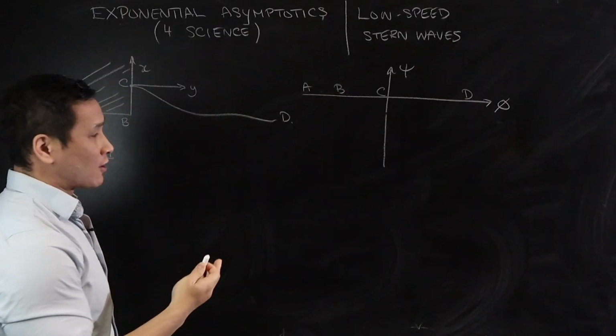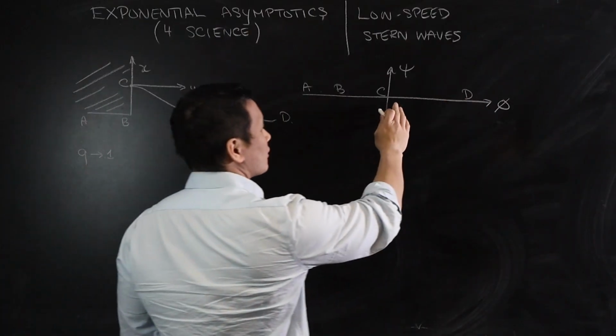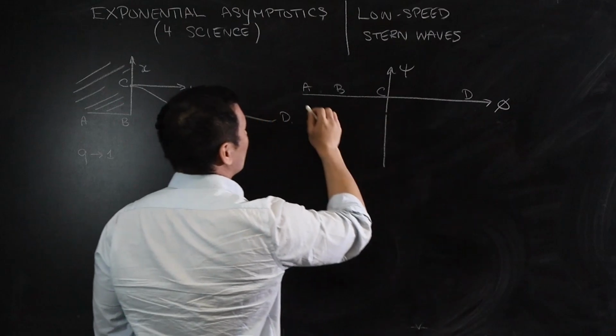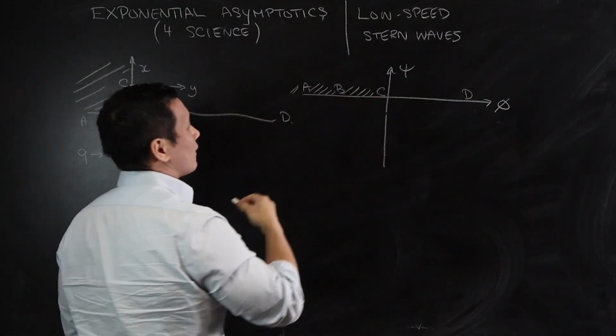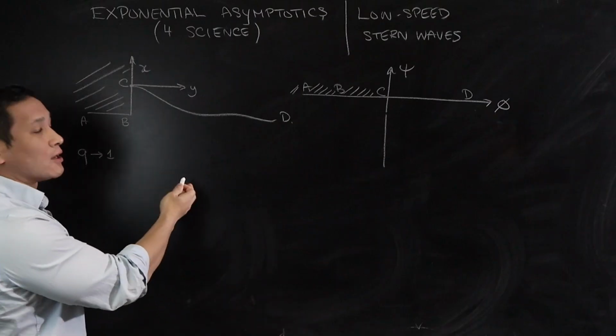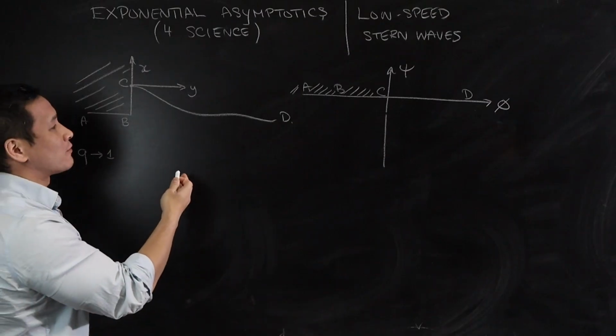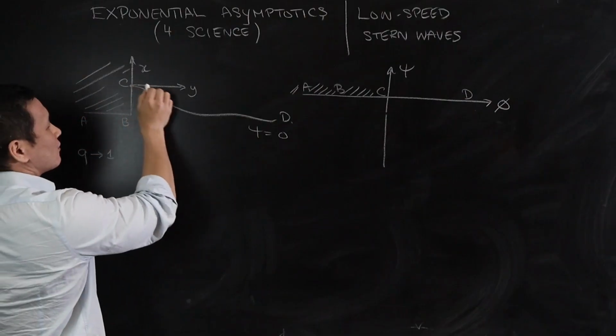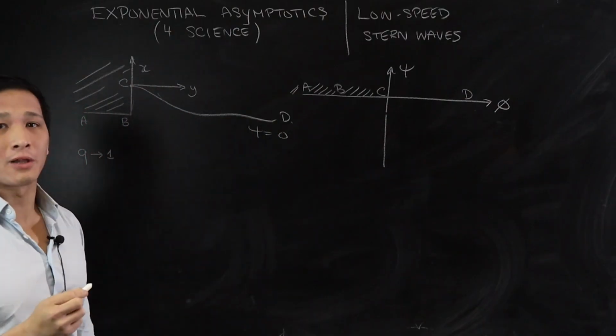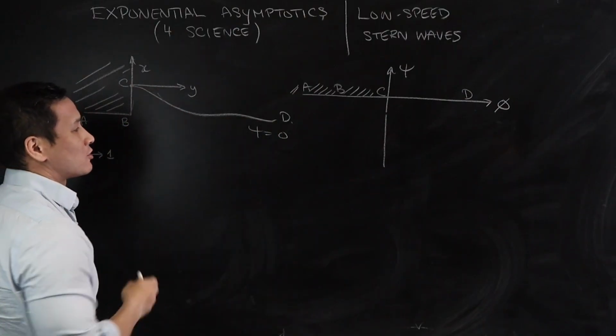Okay, the free surface is mapped to the edge CD here, and then the solid body has been mapped to the edge here. And this relies upon the fact that in the situation of potential flow, the solid and free surfaces form a streamline with psi is equal to 0.